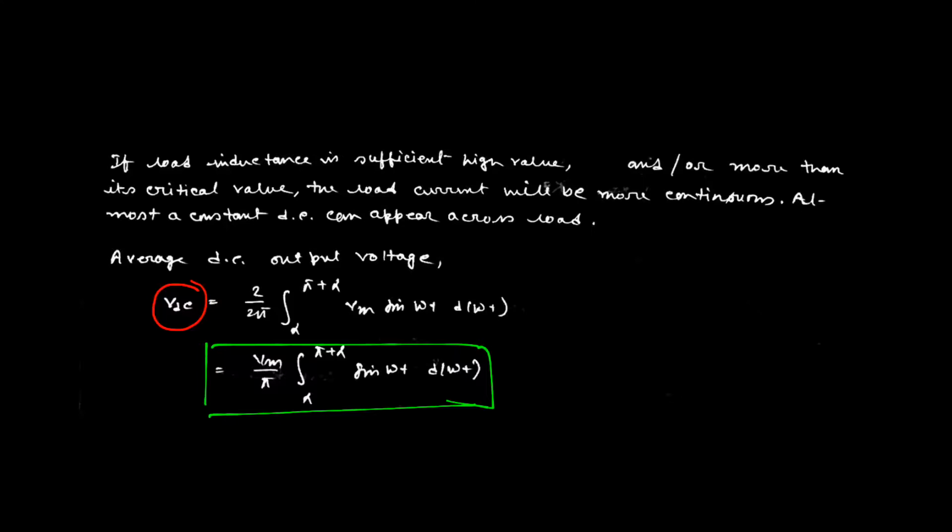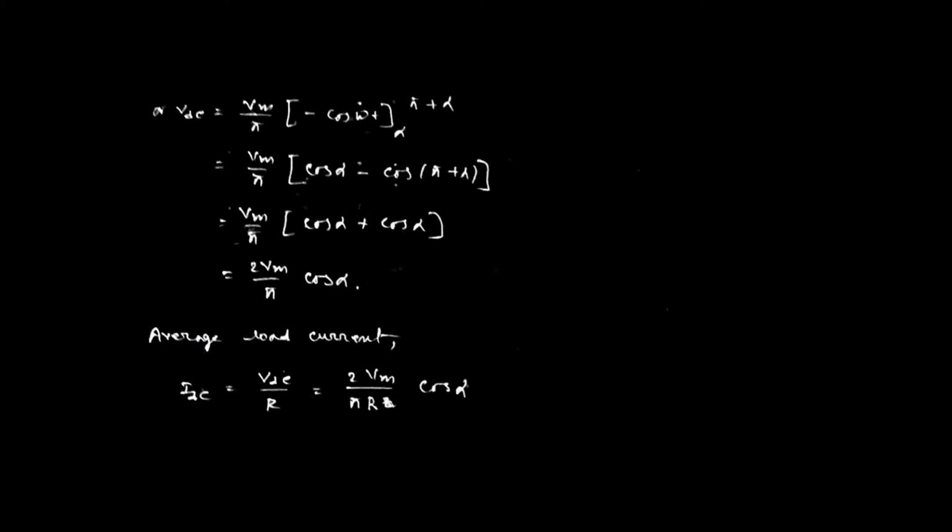Okay, that means we can simplify further in this way, that is VDC should be equal to Vm by pi and integration of sine omega t, that will give us minus cos omega t, and consider the limit alpha to pi plus alpha.